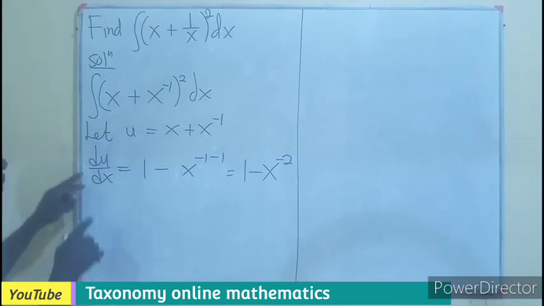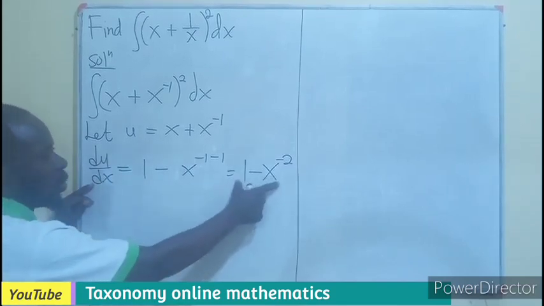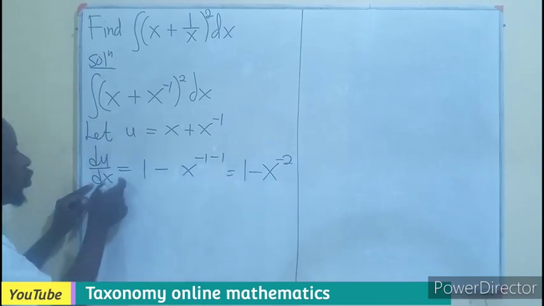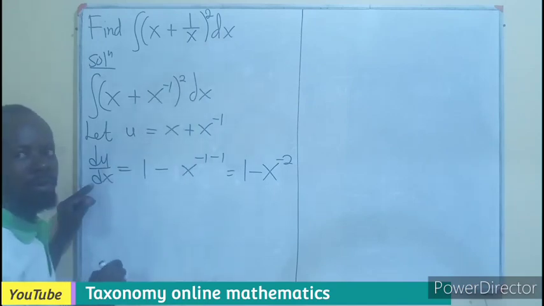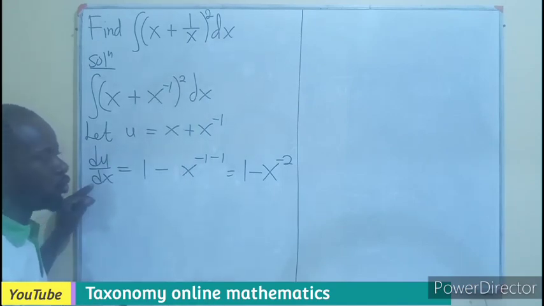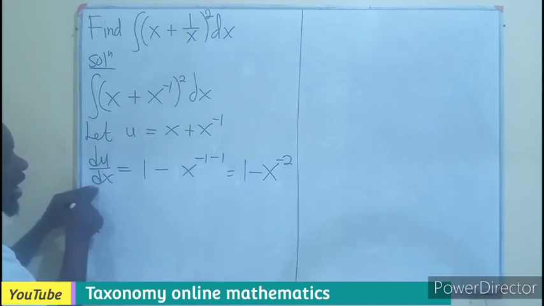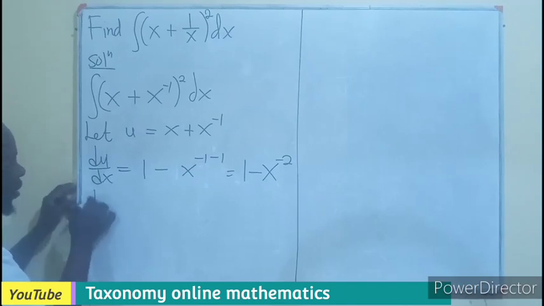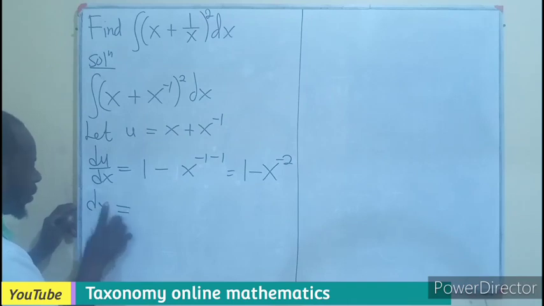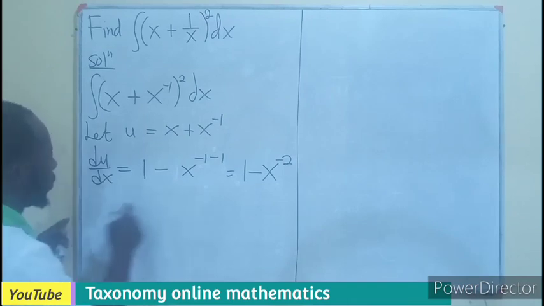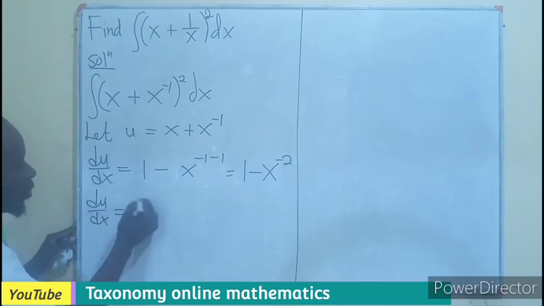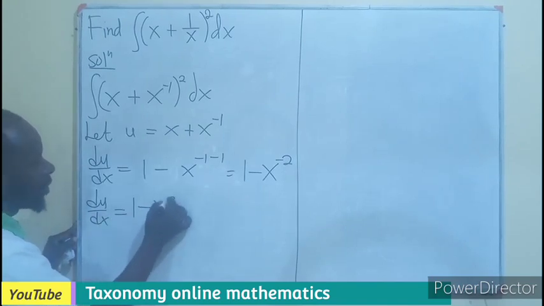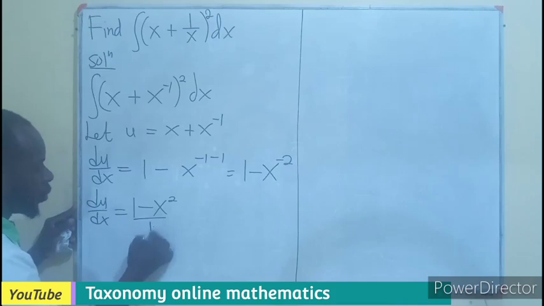So now we have du/dx equals this. But since we substitute this with u, the dx must also be a value of u. So we find the dx from here. Let's rewrite this. du over dx is now equal to (1 - x^(-2)) over 1.